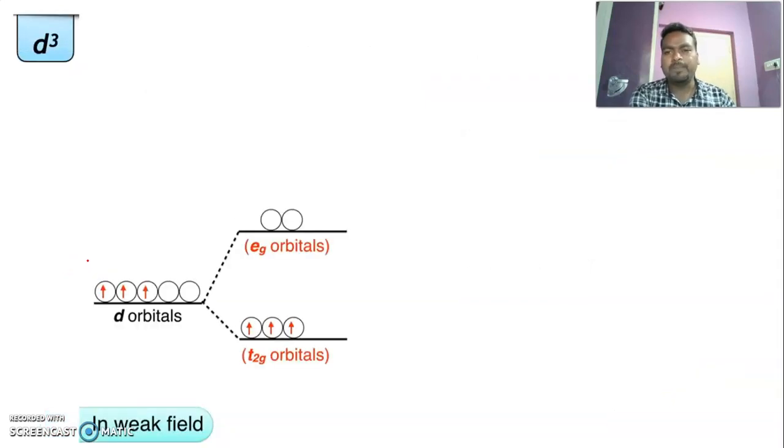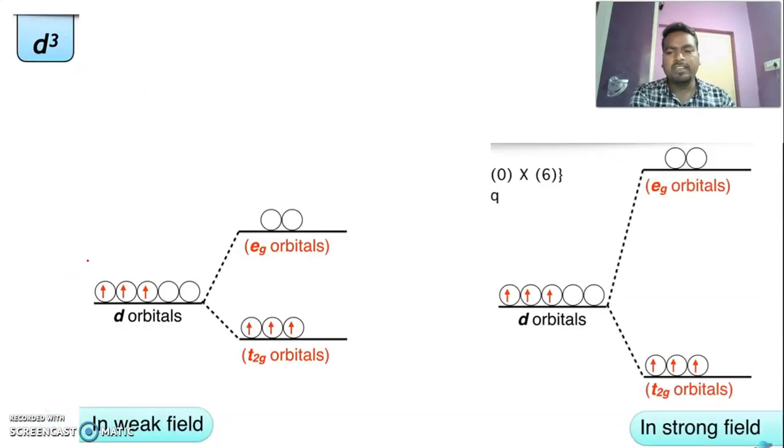Let us take d3. In both cases, here also there are 3 d electrons and all 3 enter into t2g orbitals, and in case of a strong field also the 3 electrons enter into the t2g orbital.